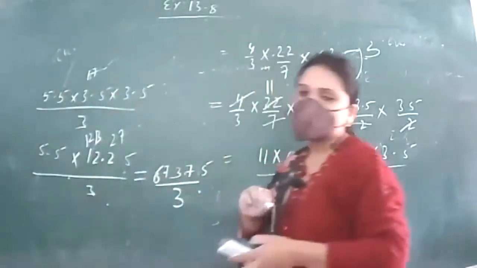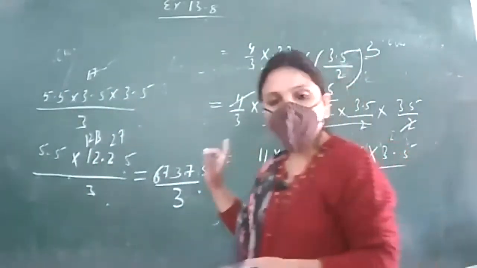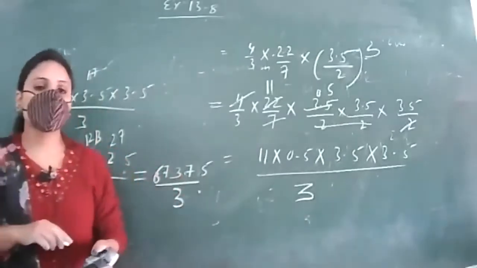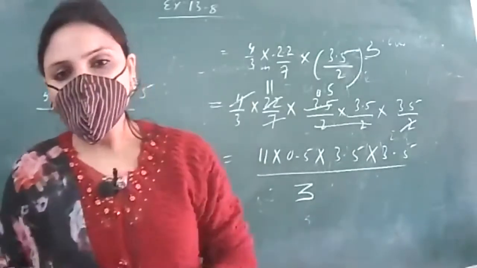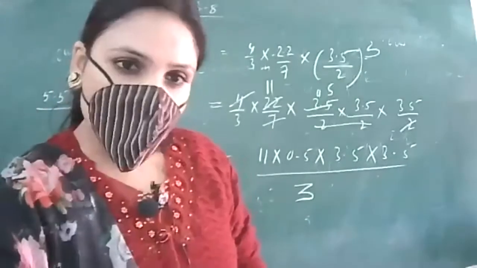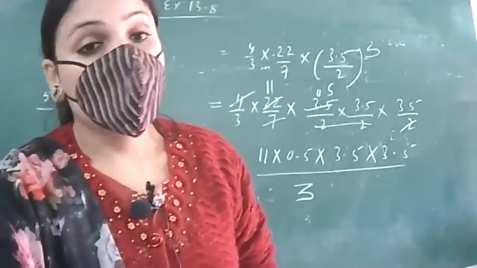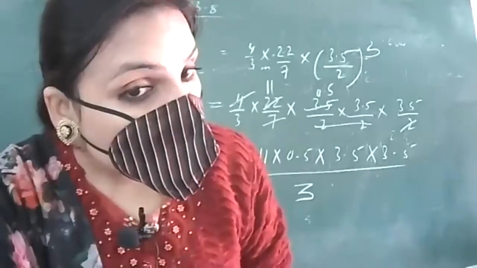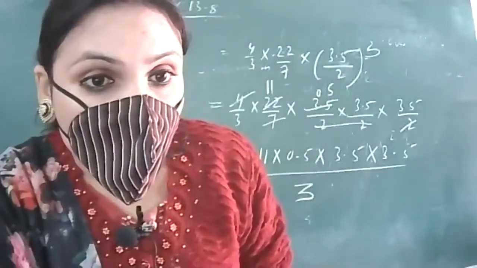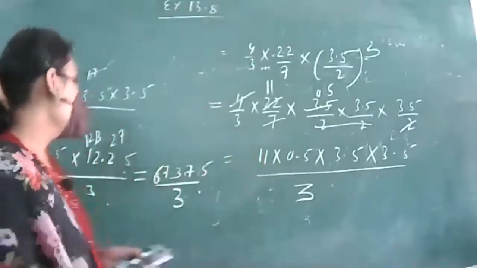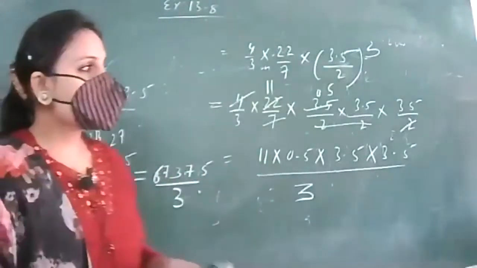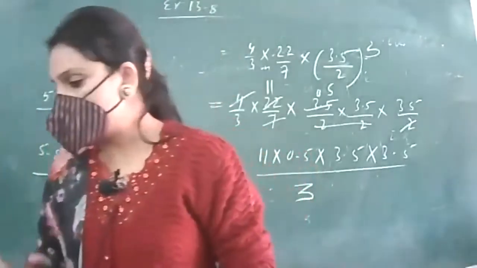Rest of the calculation you will do. 3 से divide कर देना इसको, you will get the right answer. Right? Anjirman, what is the answer? 22.45833, and so on. You will do the division and get the right answer.